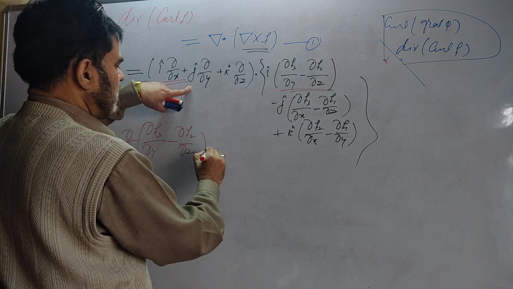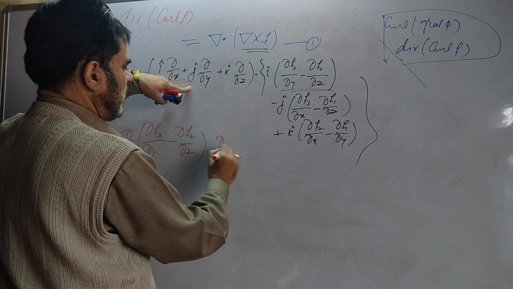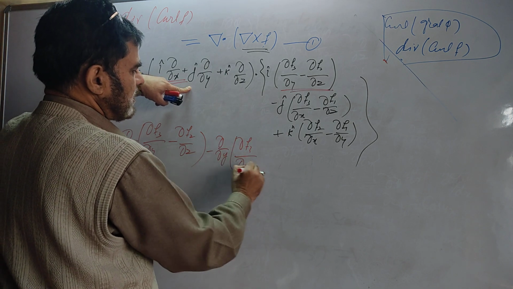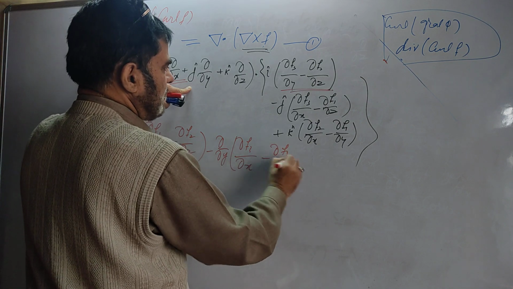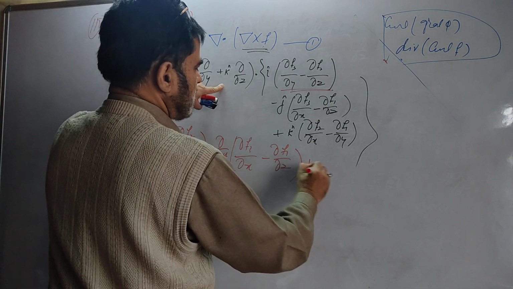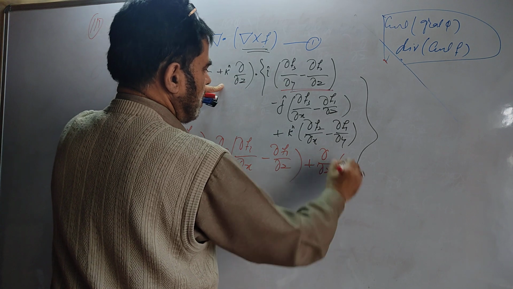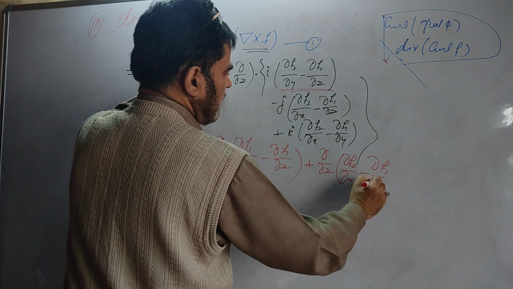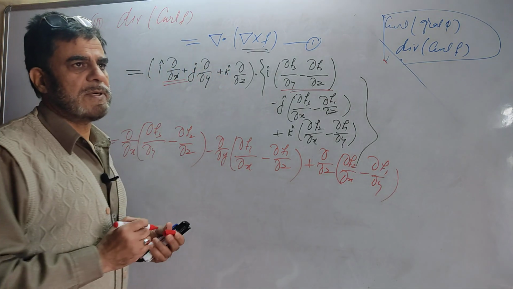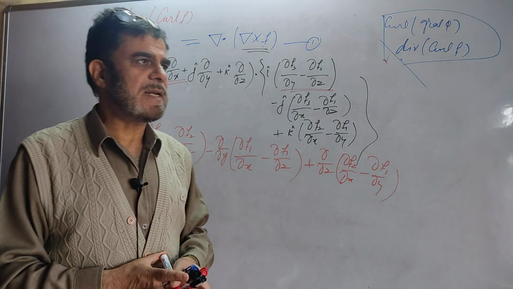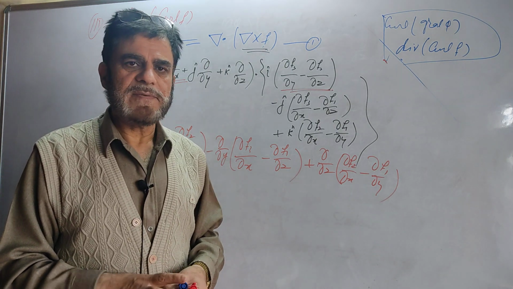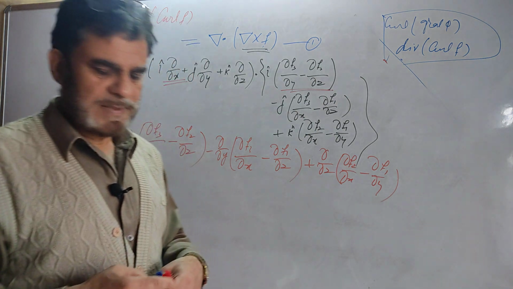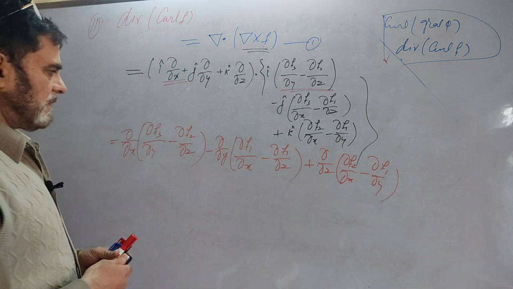Then minus dou by dou y of dou f3 by dou x minus dou f1 by dou z, then plus dou by dou z of dou f2 by dou x minus dou f1 by dou y. I am just using the dot product. In case of dot product, we simply multiply component of I with the component of I, component of j with the component of j, component of k with the component of k, as you know.